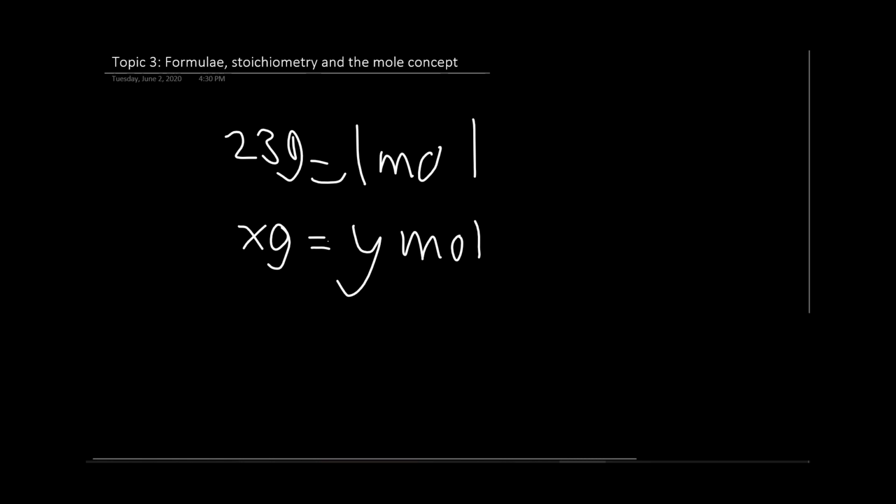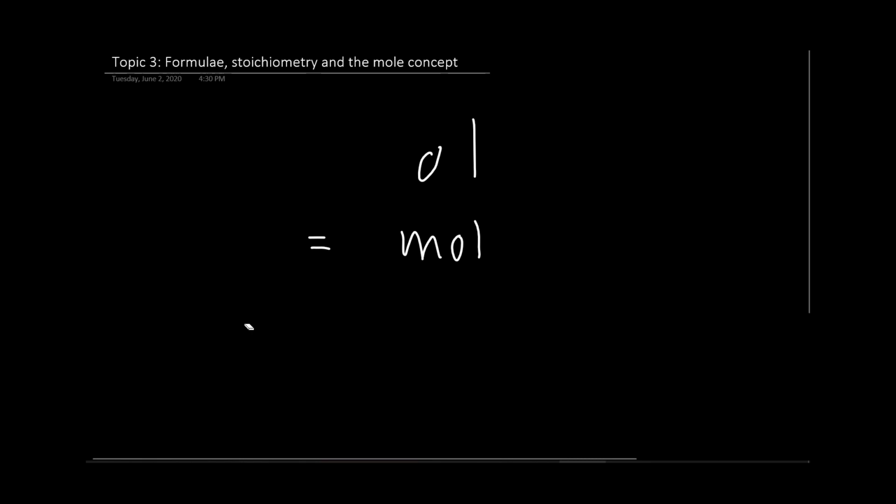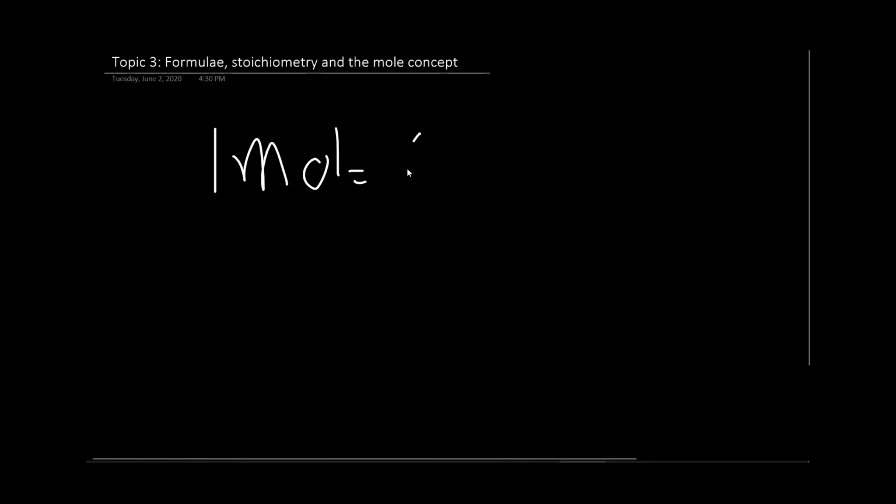So, to give you a clearer understanding of what this means, we have another relation relevant to the mole, which is 1 mole of any substance will be having 6.02 into 10 to the power 23 particles of the related substance.